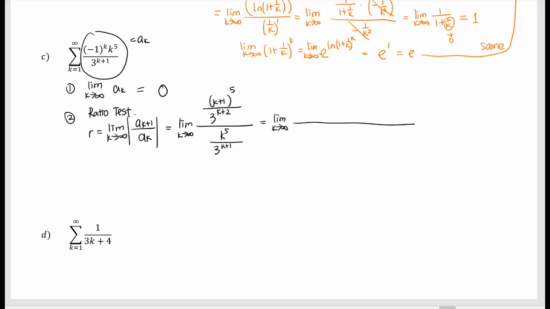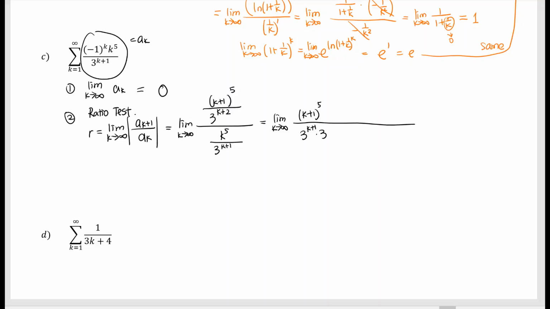Now, how do we split? Well, k plus 1 to the 5th stays here. Don't multiply it out. You don't need to. And 3 to the k plus 2, because our goal is to cancel with this. So how do you split? I split the 3 to the k plus 1 and the 3.